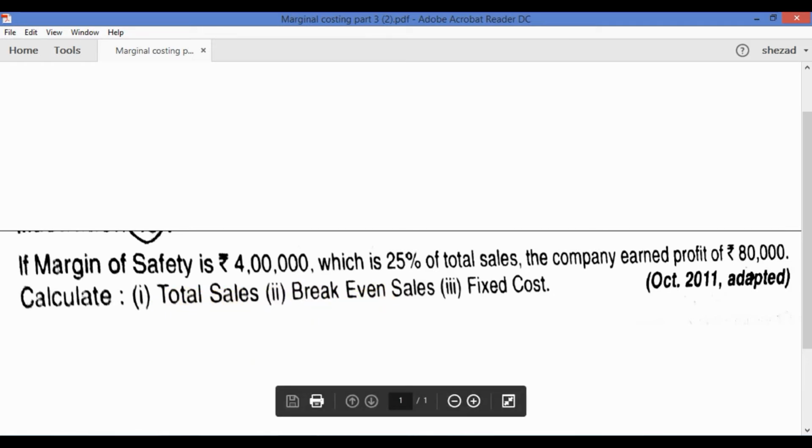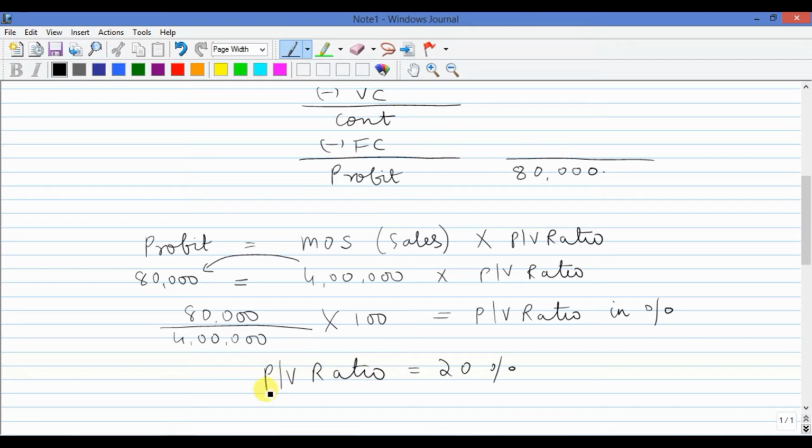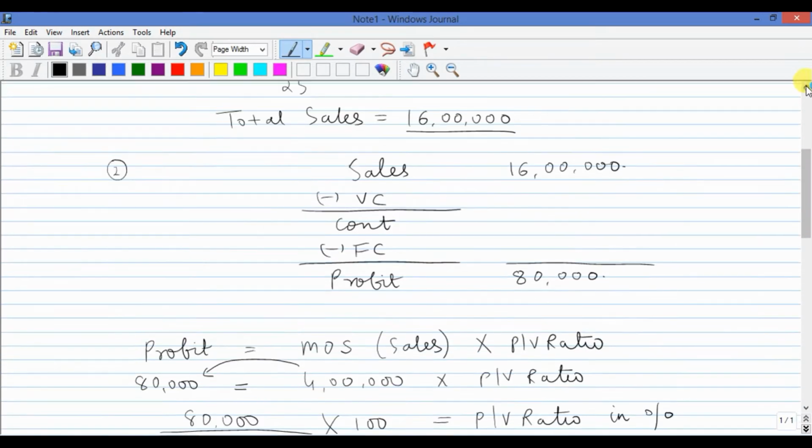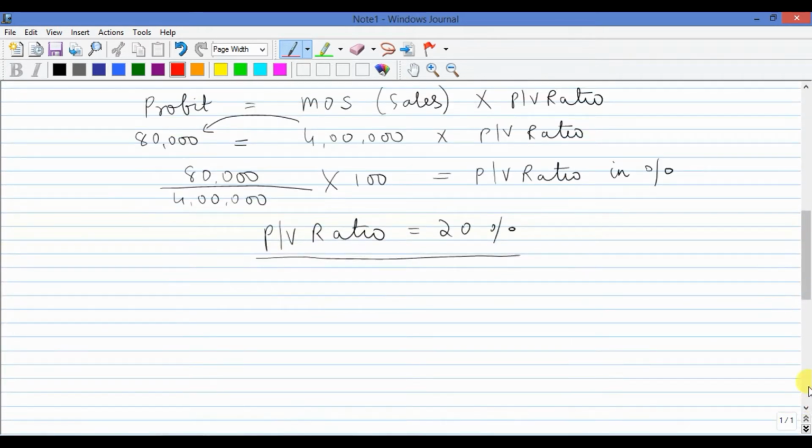Break-even sales. I know that the PV ratio is 20%. So I know that for 100 rupees of sales, the contribution is 20. I will do a longer method so that you all are able to get it.